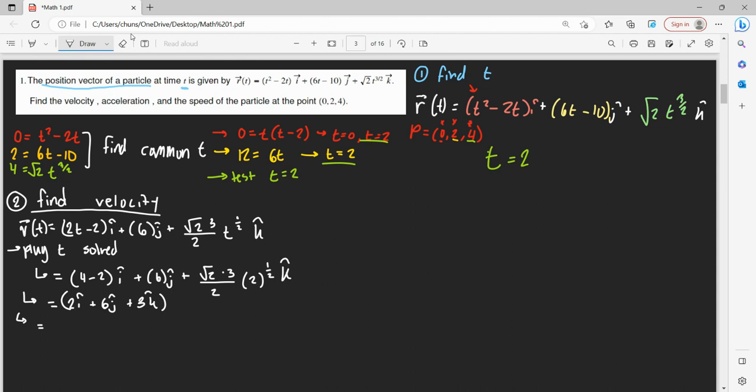We can write that out as coordinates, which is (2, 6, 3) for velocity.